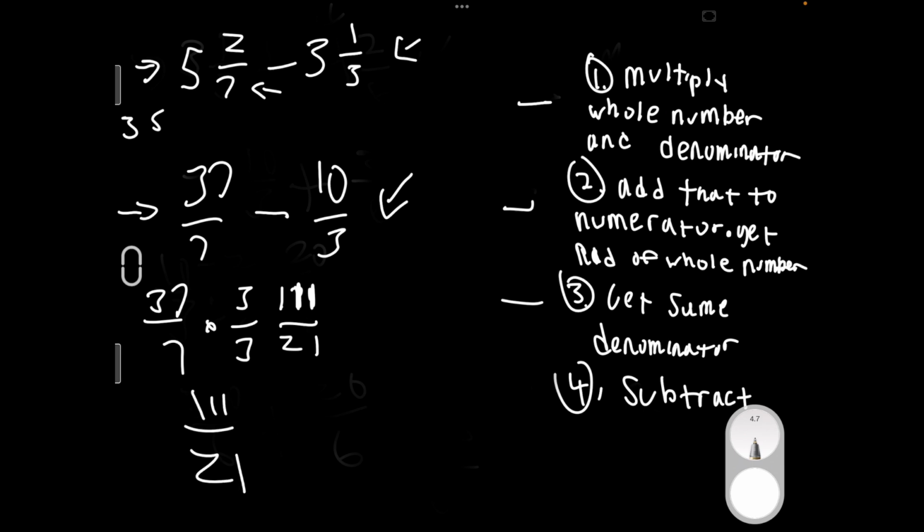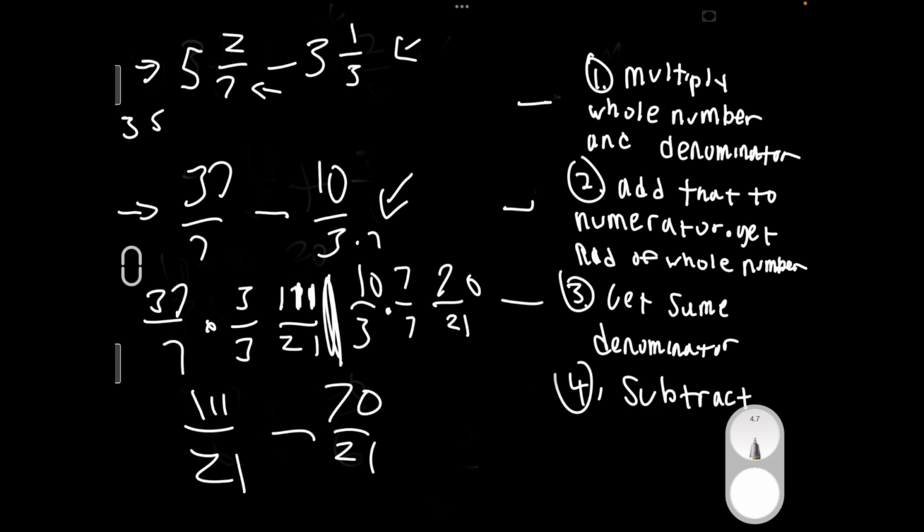For the second fraction, we need to multiply by 7 to get 21, because 7 times 3 is 21. So just make a line here. 10 multiplied by 7, that's going to be 70, and 21. So the final thing is 70 over 21.